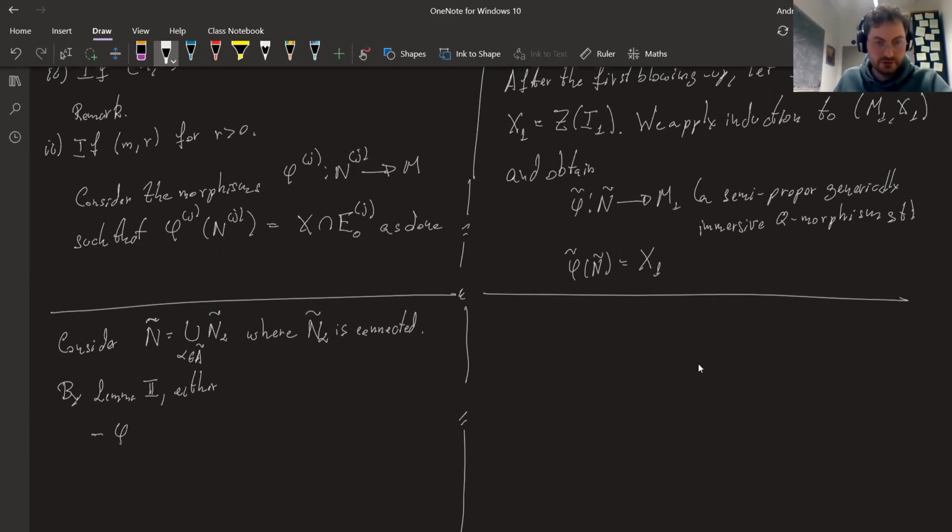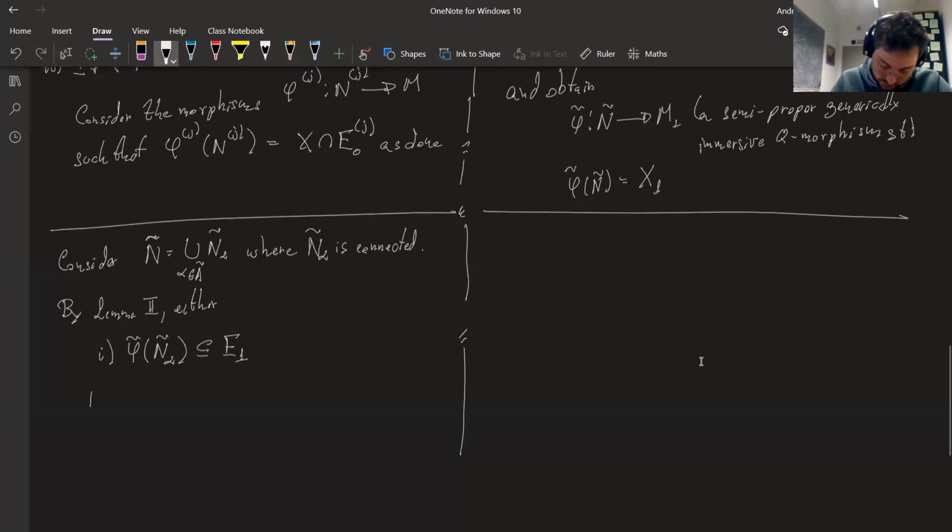Phi tilde of N tilde alpha is contained in the exceptional divisor E1. And here I'm using that E1 is locally given by a hypersurface, so there is a function which defines E1. Either this function, when I pull back by phi, is constant equal to 0 in a connected open set by lemma 2, or it's not constant equal to 0.